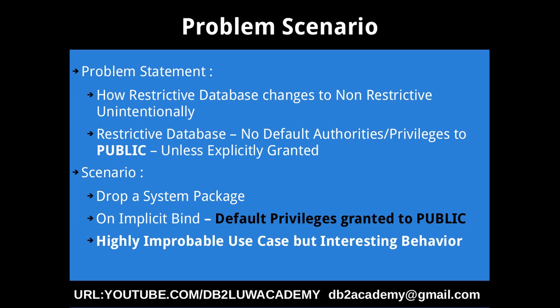There is absolutely no reason to do that, but unintentionally, if you drop that system package, the next time you run something, an implicit bind will occur on that system package. When that implicit bind occurs, the default privileges are granted to public. Remember, it was created as a restrictive database with the intention that nothing should be granted to public, but this implicit bind is going to grant certain things to public. That is why I wanted to highlight this behavior.